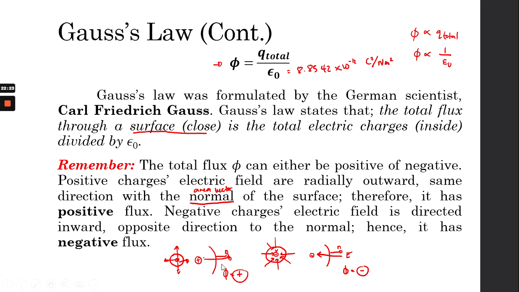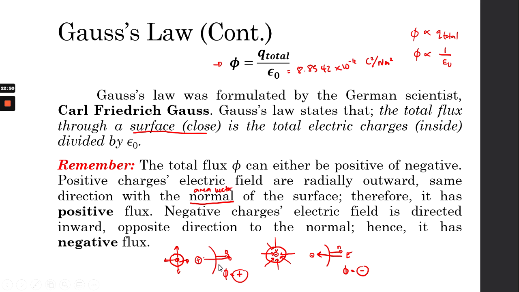So if you have an electric field that is going in the same direction as your normal vector, then the electric flux is positive. But if you have a negative charge, the electric field for a negative charge is directly inward, but your normal is directly outward, therefore your electric flux will always be negative.